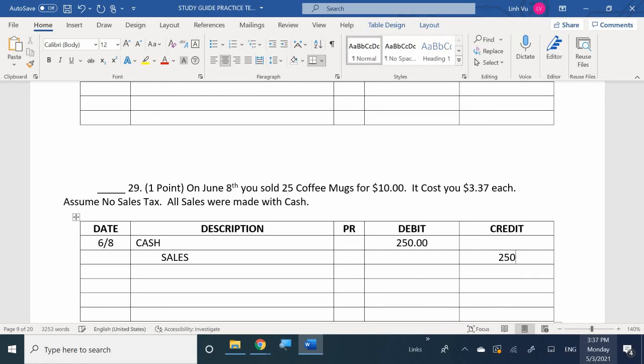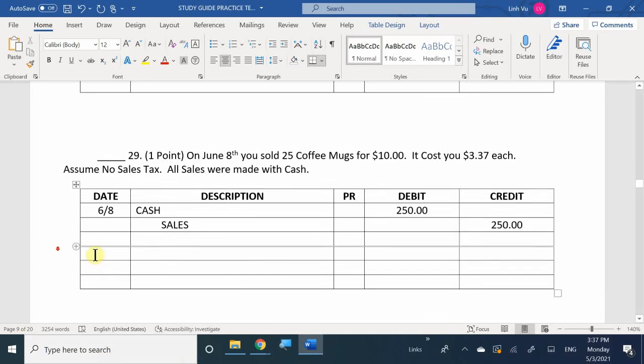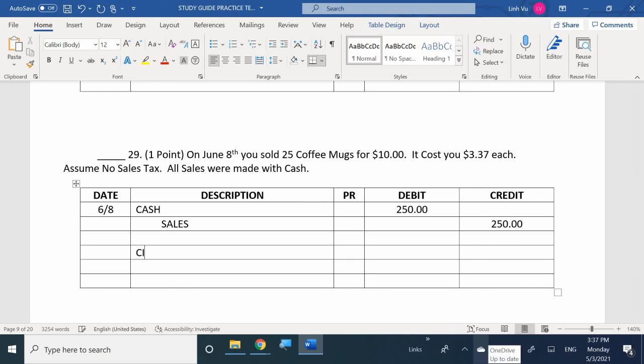Yes, no sales tax. So 250. What else do we need to recognize since this is perpetual inventory? Cost of goods sold. And what else? Mugs.